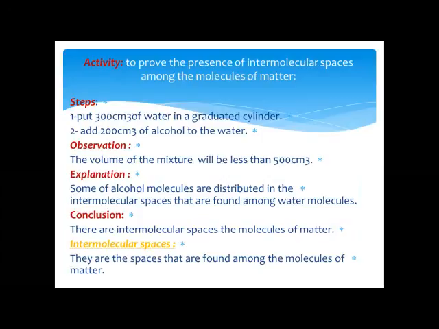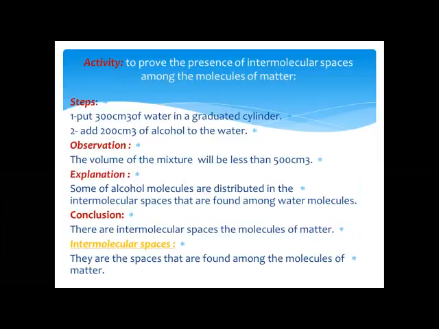Number two, to prove the presence of intermolecular spaces among the molecules of matter, put 300 cubic centimeters of water in a graduated cylinder. Add 200 cubic centimeters of alcohol to the water. What will you observe? You will observe that the volume of the mixture will be less than 500 cubic centimeters.